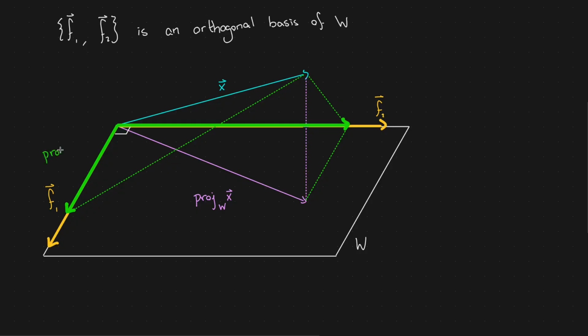We have the projection of x onto F1, and we have the projection here of x onto F2. Notice that if we add this projection together with that projection, it would give us the full projection onto the vector space. I hope that makes sense.